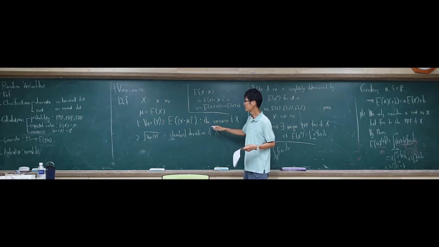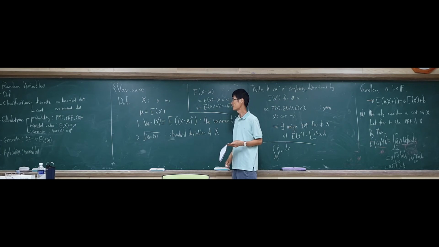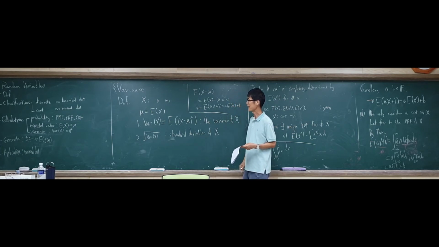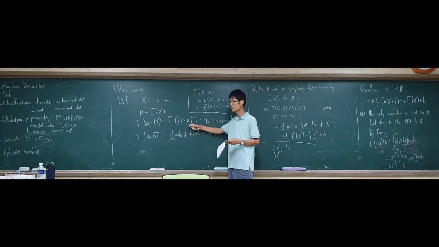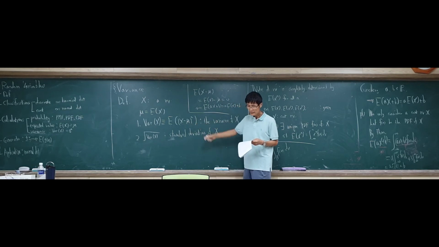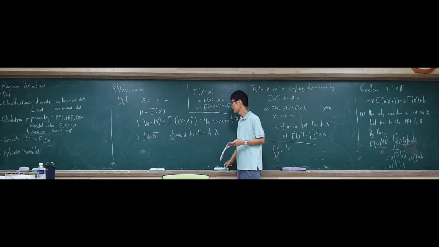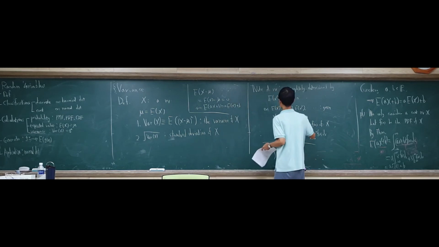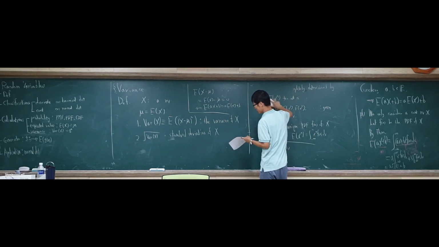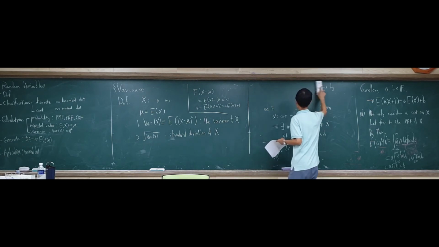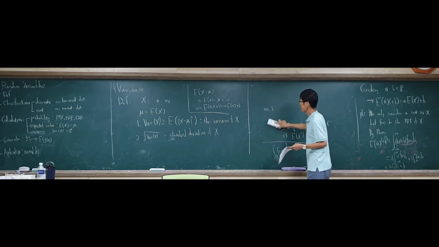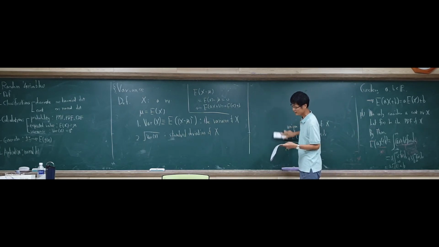Although the variance is defined in this way, it is usually a little bit complicated to calculate the variance just by using this definition. So we study some simpler method to calculate variance. The following theorem gives us a method to calculate variance much more easily.